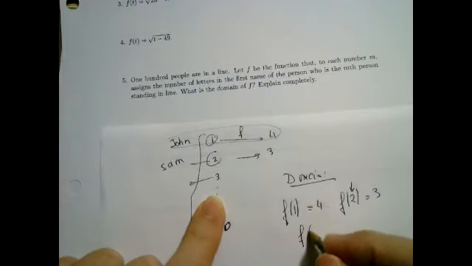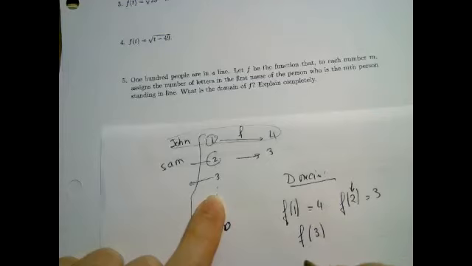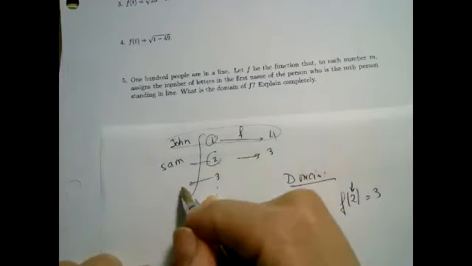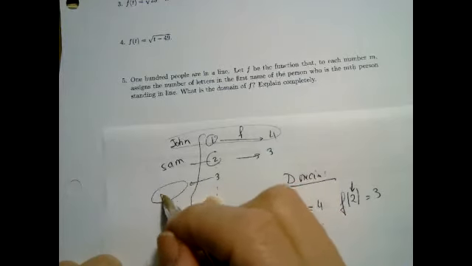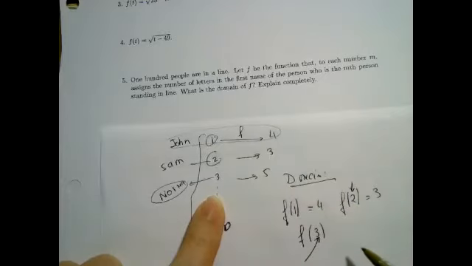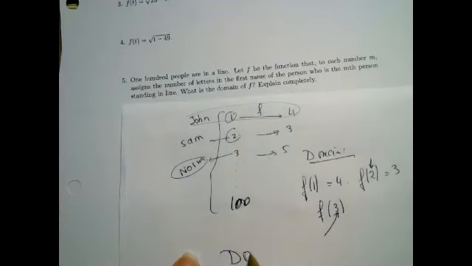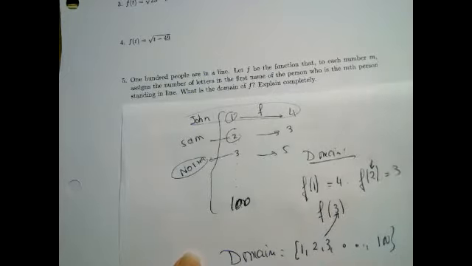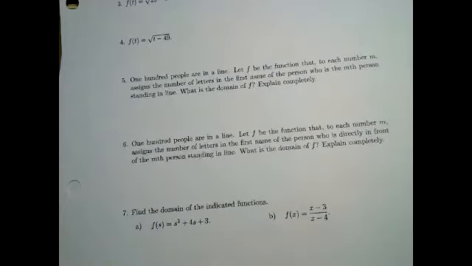And so on and so forth. F of 3, the 3 here, the input is where the person is in line. Whatever his name is, let us say his name is Norma, then the output is going to be the number of letters. So the domain here is nothing more than the bunch of numbers, 1, 2, 3, etc. up to 100. Okay. All right, now I'll go back to the questions I've assigned.